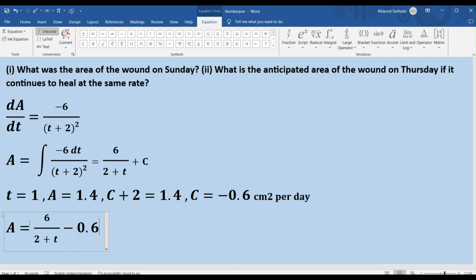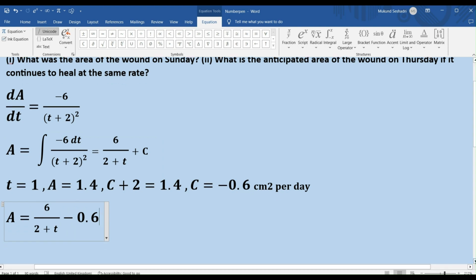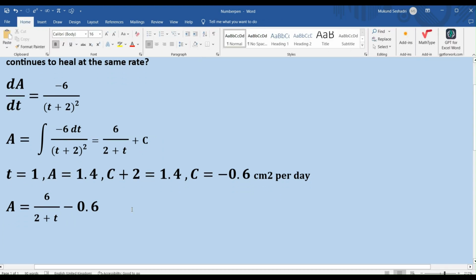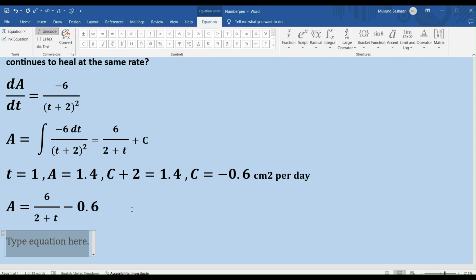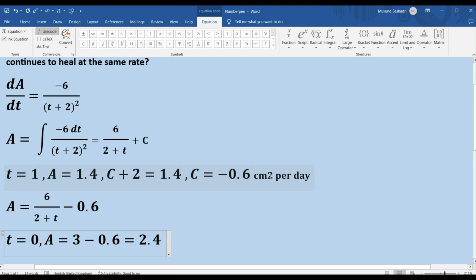So now I've been asked to find the area of the wound on Sunday. To figure that out, I can substitute t equals 0. So t equals 0 means the area of the wound is 6 divided by 2, which is 3, minus 0.6, which is nothing but 2.4.